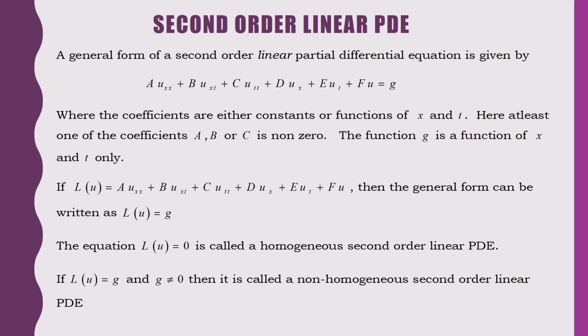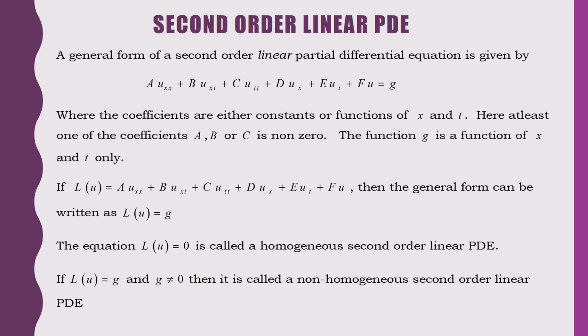In our lectures, the main concentration is on second order linear partial differential equations. We consider u equals u of x comma t. u is a dependent variable and it depends on two independent variables x and t. x is called a space variable and t is called time variable.